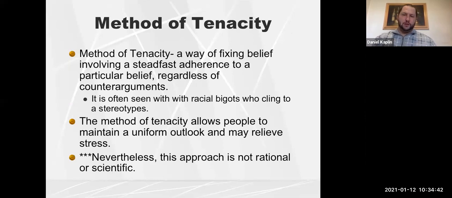A third source of information and decision making is the method of tenacity. The method of tenacity is to be stuck in your beliefs. So being fixed in your position, regardless of the counter arguments.